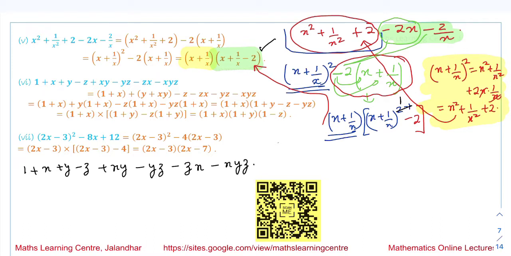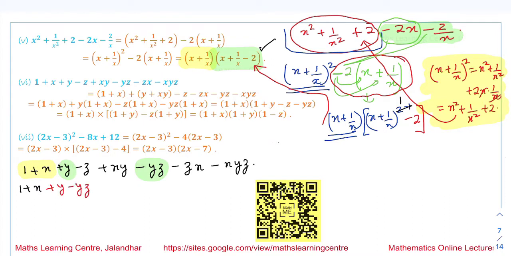If I make the groups like 1 plus x, y minus z, the single terms are there, so it will be difficult to solve. So the first group we make, suppose I say 1 plus x is a group. The next term we have is y, and I group y with minus yz. So the first term we have is 1 plus x, the next term is plus y minus yz.